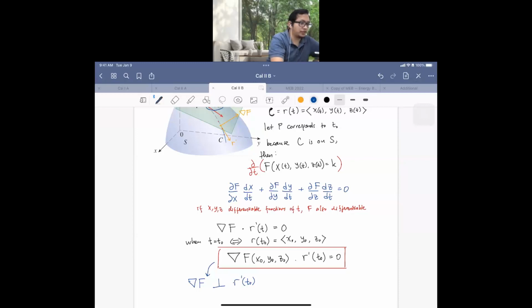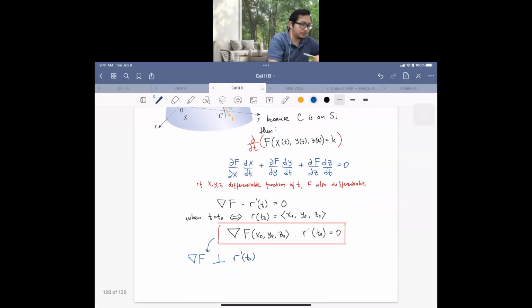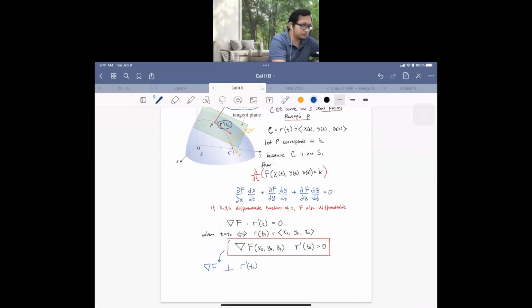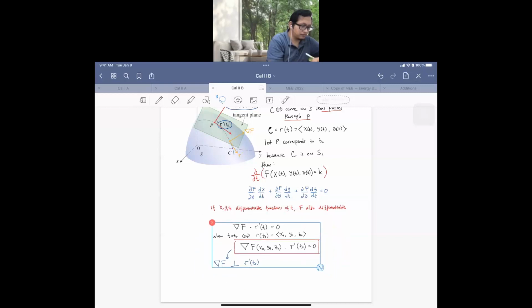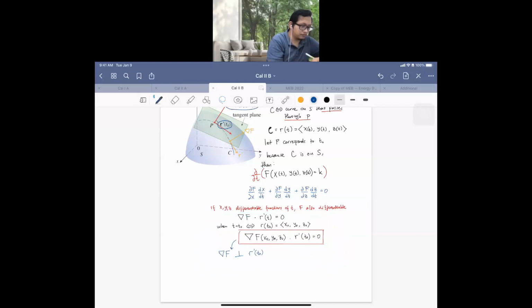Now we can write from these equations, from the dot product here, in a clearer way. Let me make some of the equations precise.